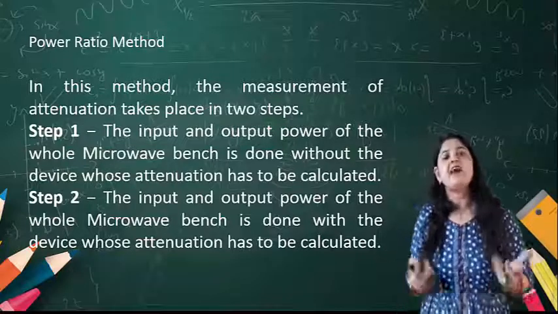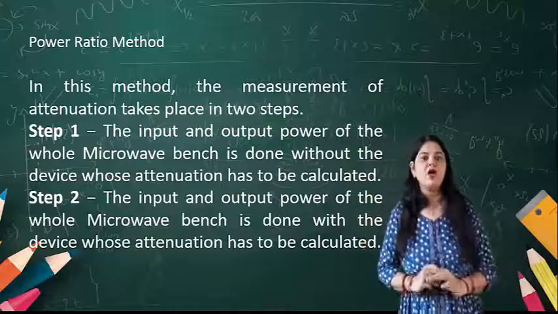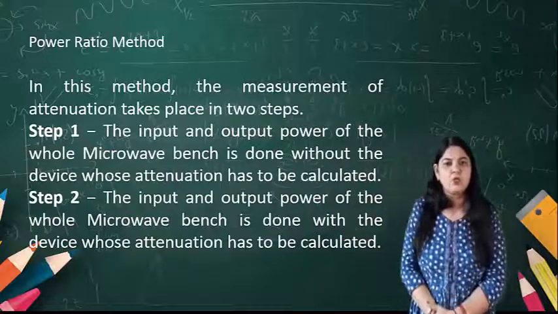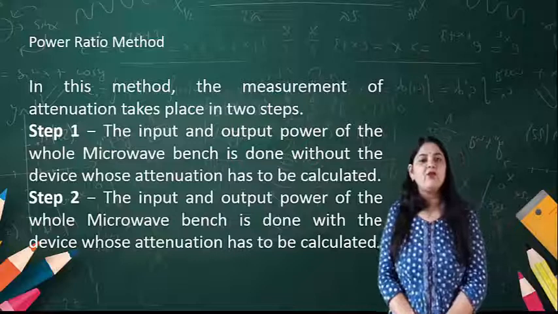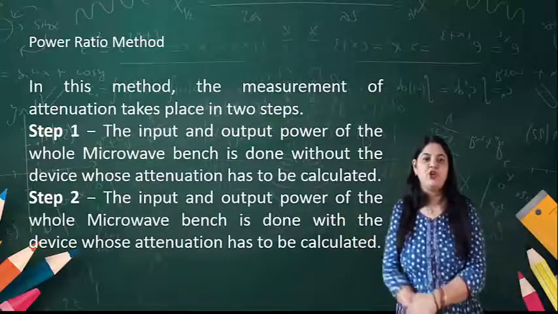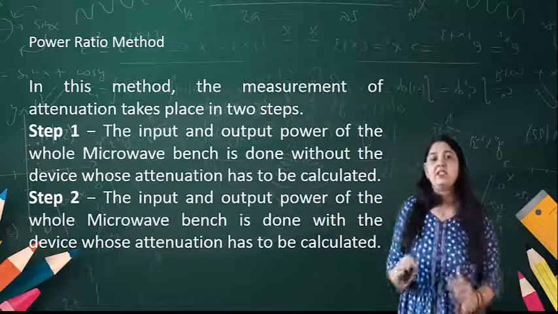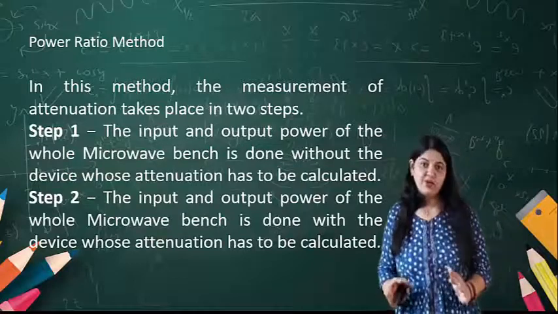I mean the device under test we are not putting in step number 1. In step number 2, the input and the output power of the whole microwave bench are measured with the device whose attenuation has to be calculated.